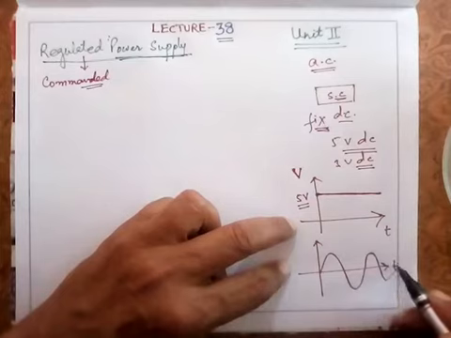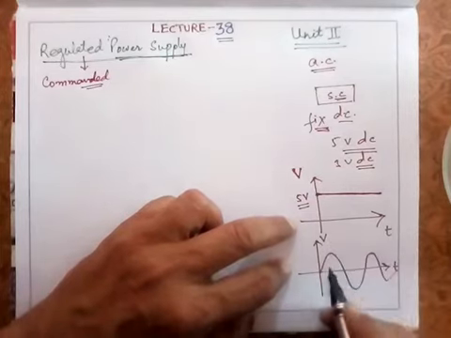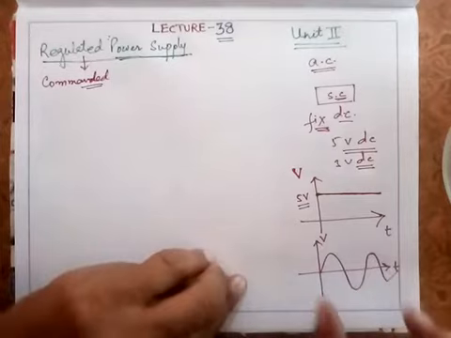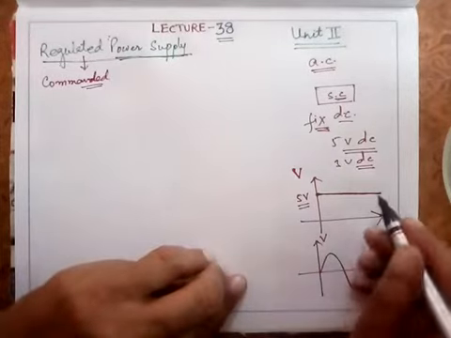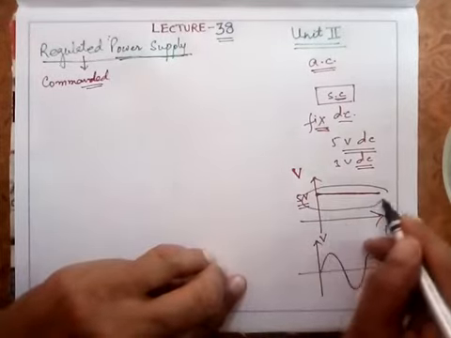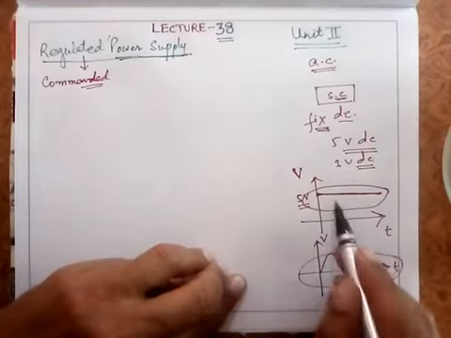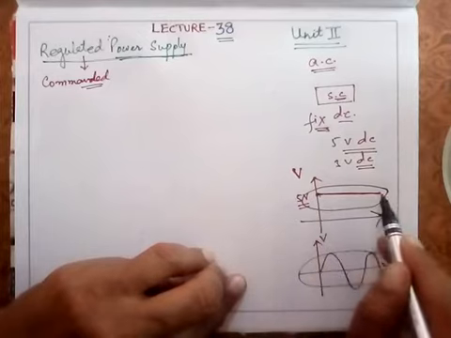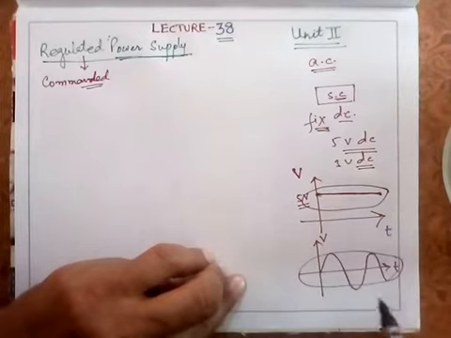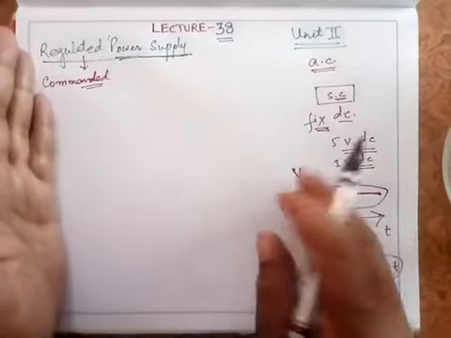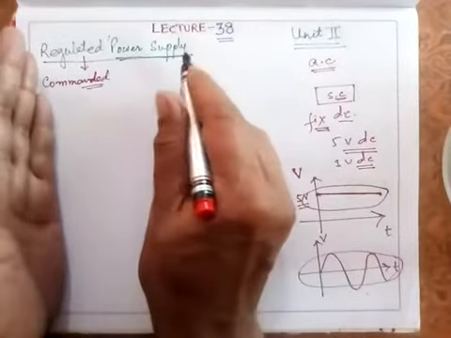Of course, this is time and this is voltage, and we get this type of voltage, which is called an AC one. So our aim is to obtain this kind of function from this function. That is, I need a regulated DC power supply from this AC power supply. That is my main interest, and I need the complete power supply for this.